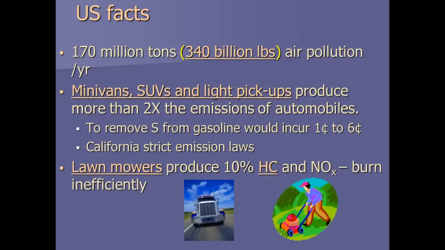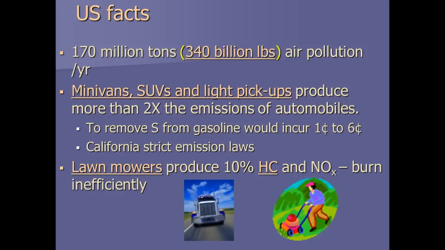Just a little trivia. 170 million tons of air pollution per year. That gives you the figure in pounds. Minivans, SUVs, and light pickups produce twice the emissions of automobiles. And this slide's a little bit old.